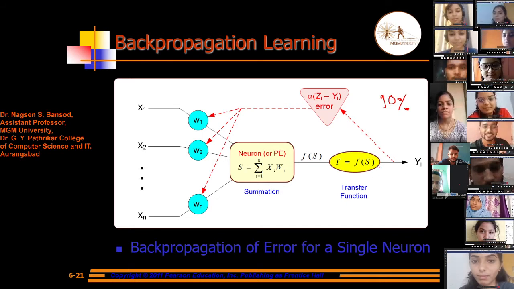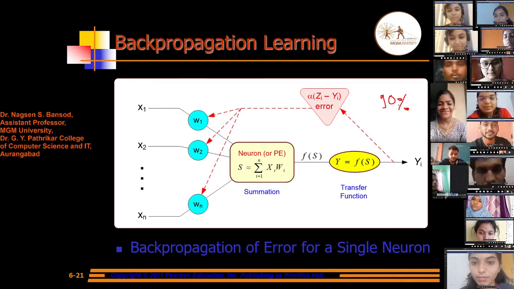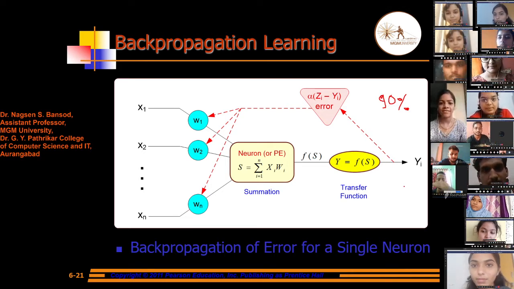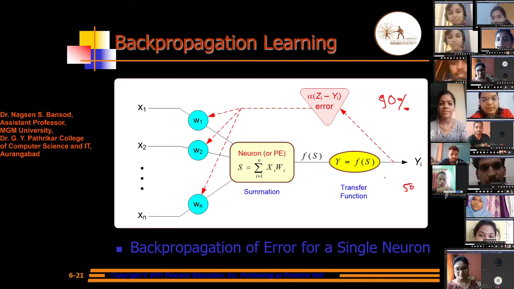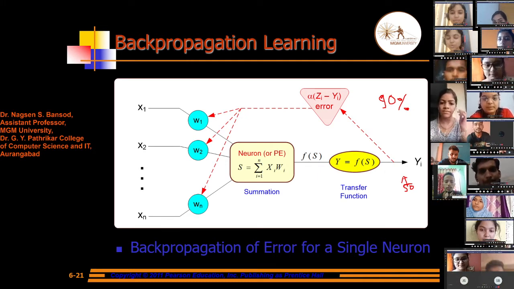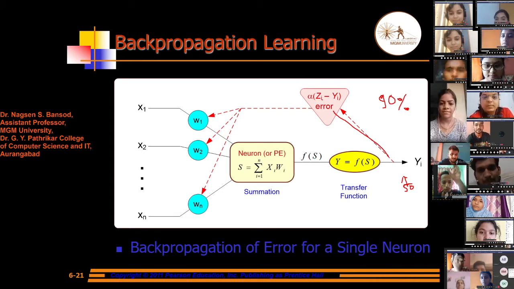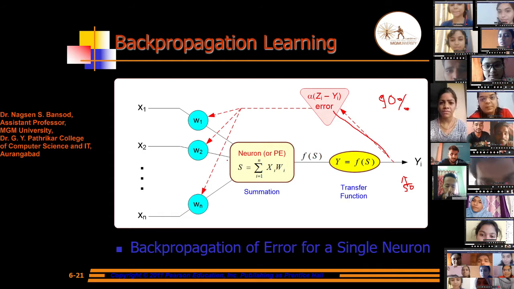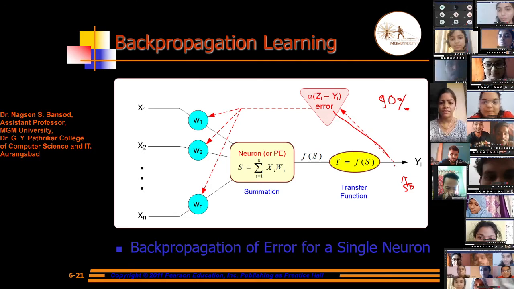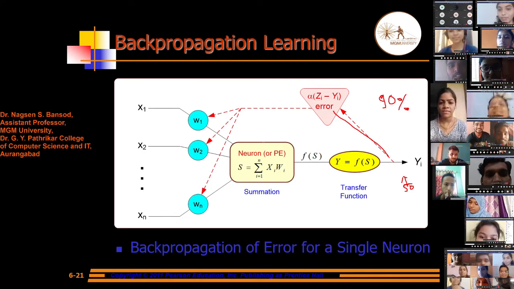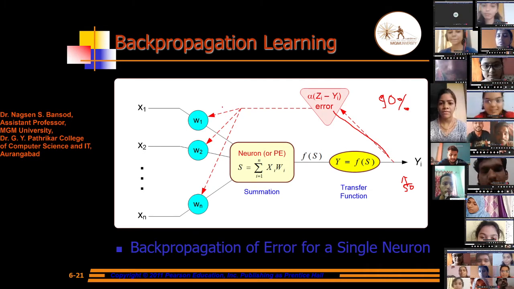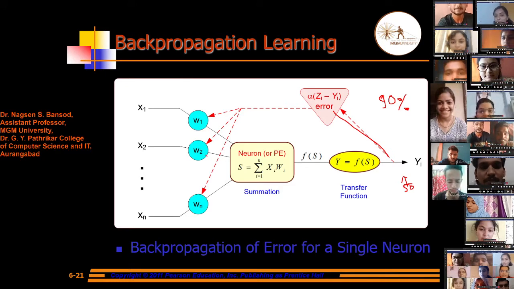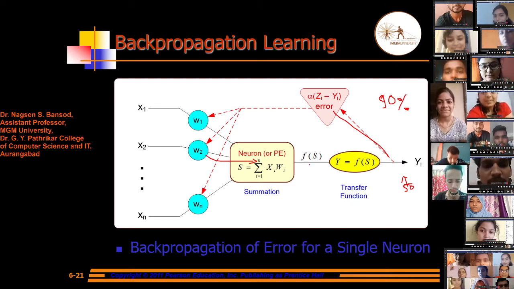If we are not achieving this 90% profit, suppose we have only 50% profit, then we again use this output and subtract from this: zi minus yi. We subtract this output from the input, again provide the value at the weight, and again process the element and find the output.